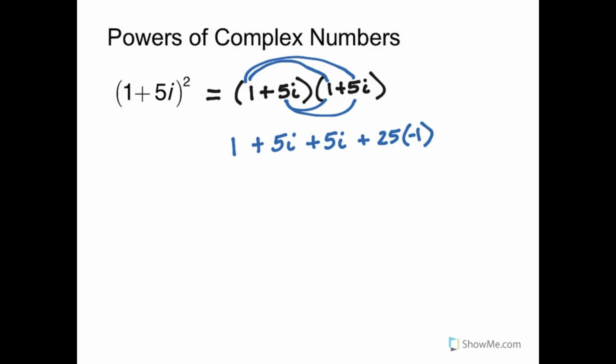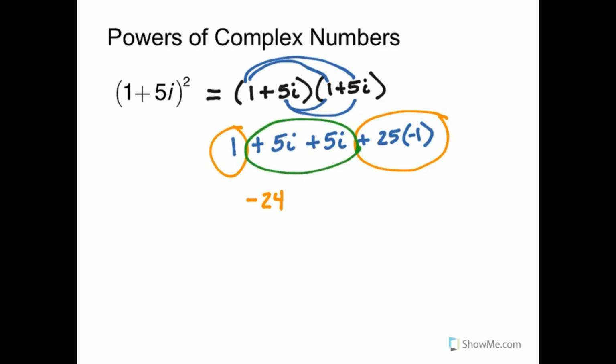When we combine like terms, we have a real part 1 and a real part of negative 25. That gives us negative 24. And we have imaginary parts of 5i plus 5i, which is plus 10i. So the result when we square 1 plus 5i is negative 24 plus 10i.